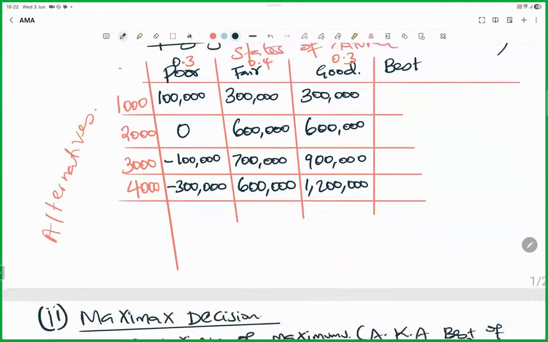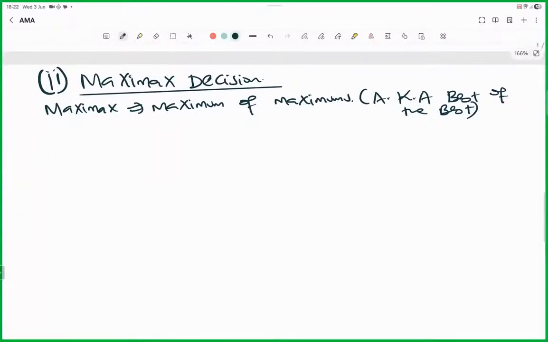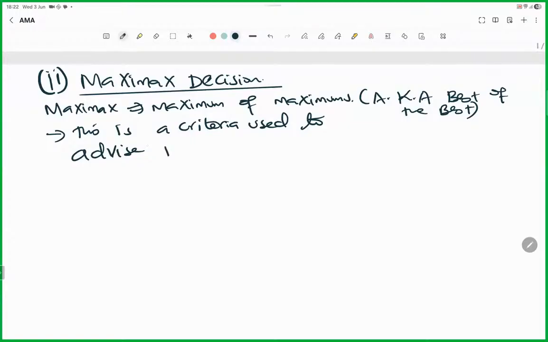Because again, if you remember very well, normally this is a criteria used to advise risk takers. Or in this case here, what we call optimists.